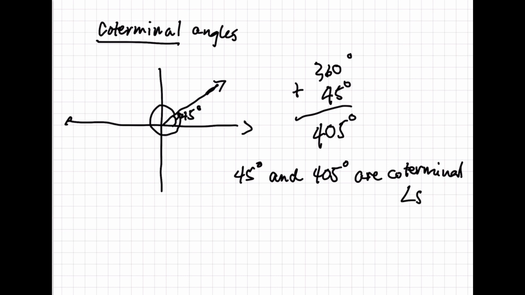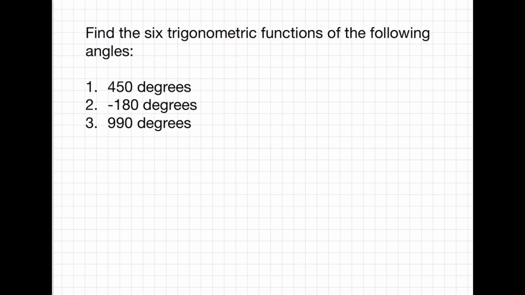Okay, let's use this symbol for angles. So what we're going to do here is we first identify what the coterminal angle is between 0 and 360 degrees of the ones that I showed you earlier. Okay, we can start with 450 degrees. So how do we identify the coterminal angle of 450 degrees?